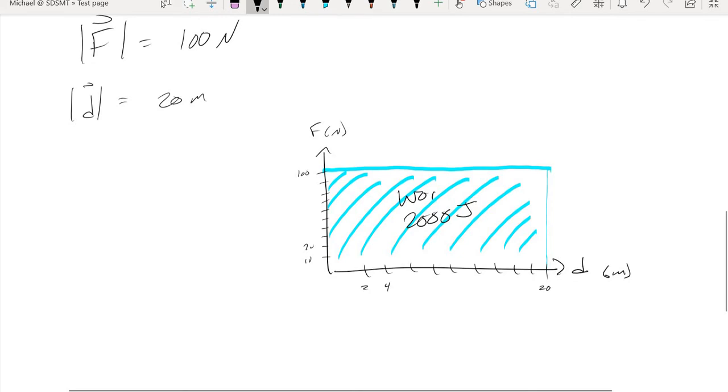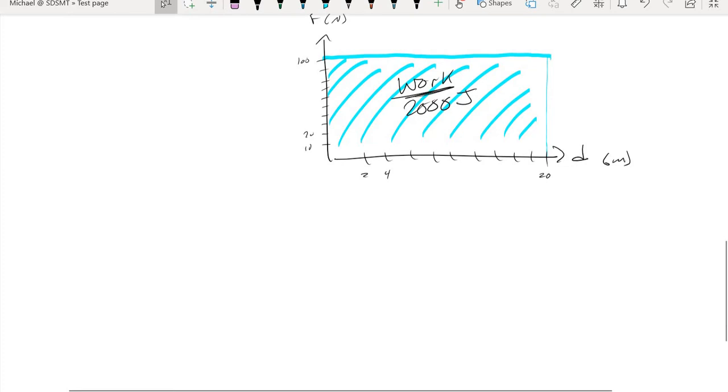And this is just the work. So we can find the work done by a force by adding up the area that exists underneath the function. Now, as I said, very, very easy, very straightforward if the force is uniform, if it's constant.